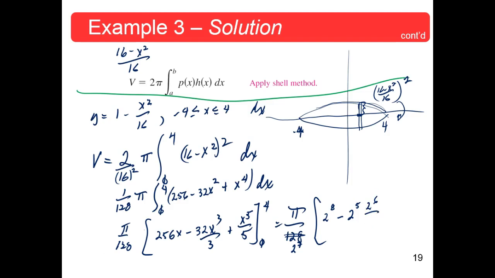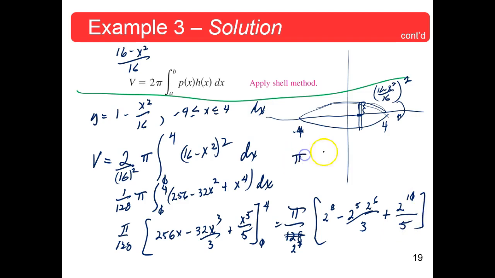Why did I choose to do this? I don't know. Over 3 plus 2 squared to the 5th, I think is 2 to the 10th. I kind of hope so, yeah. All right, over 5. I don't know if this is going to help any or not, but it seems like I can get rid of some things easier.